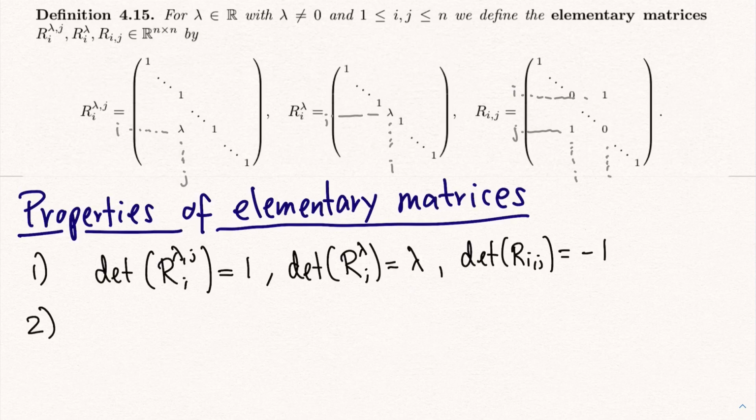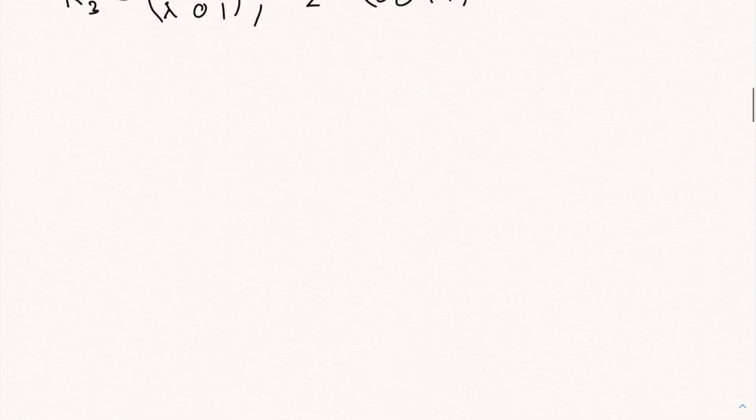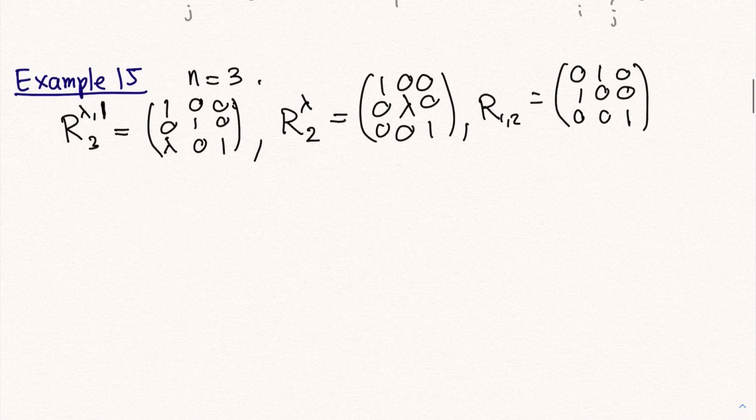So what is, for example, the inverse of this matrix here? Well, you can check that if, instead of taking lambda Ji, you take minus lambda Ji, then this will be the inverse of this. So for example here, if you consider minus lambda 1, 3, so this is this matrix.